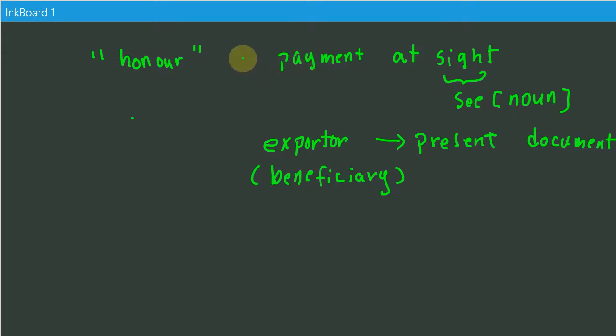This is what we call at sight payment. As soon as the bank checks it out, the payment will be given. In this case, we call it payment at sight.